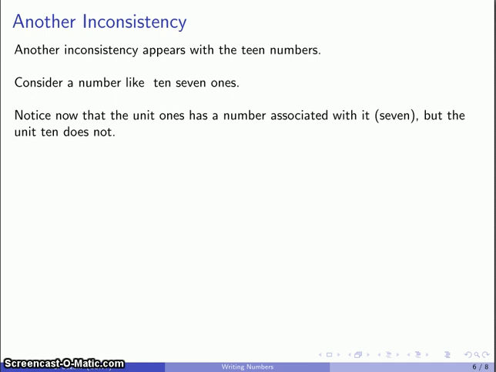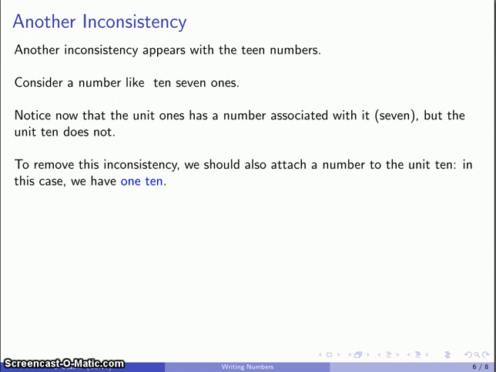Since there is actually a 10 here, I should be more explicit and indicate that there is, in fact, 1 10 present. So I rewrite the number as 1 10, 7 ones. Now I have both orders of magnitude present, and numbers associated with each: 7 ones, 1 10.